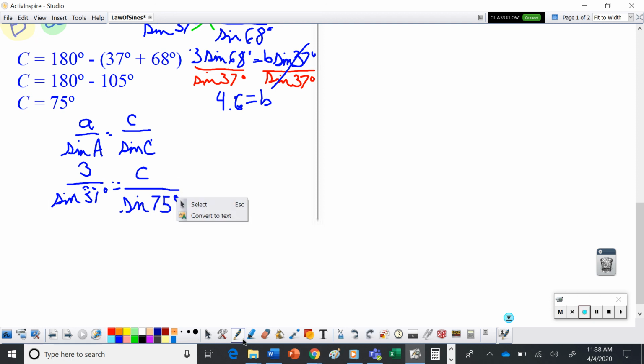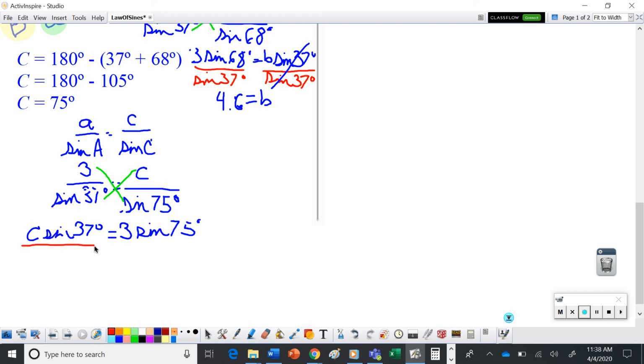We keep on moving. So we have a proportion, and the way that we solve proportions is we cross multiply. So I'll have C times the sine of 37 degrees is equal to 3 times the sine of 75 degrees. Now we want to get that C all the way by itself.